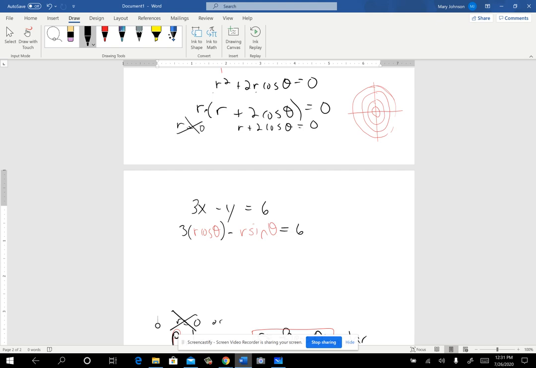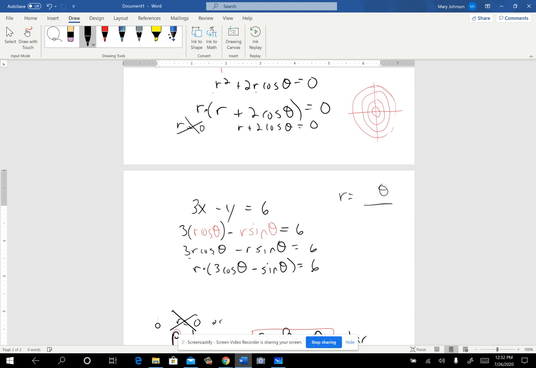Okay. So you have 3r cosine theta minus r sine theta equals 6. All right. And so you typically want it to be like r equals something with a theta over here. So I'm going to go ahead and factor the r out, which gives me 3 cosine theta minus sine theta inside the parentheses.